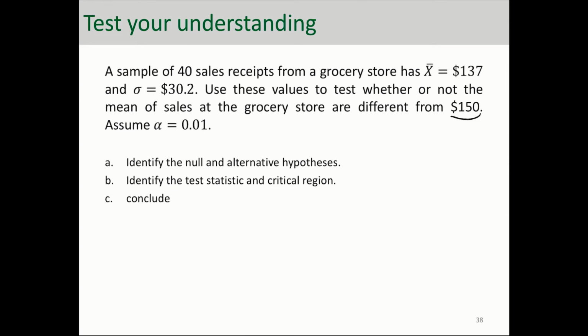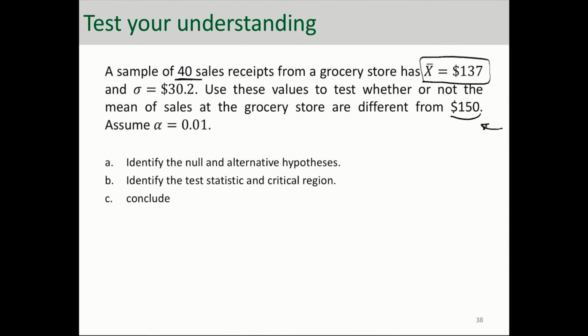To prove or disprove that, what we did is we collected a sample of 40 sales receipts, and it turned out the sample average is $137. Well, that is different from 150, but is it small enough to reject that hypothesis or no? It's not small enough to reject that hypothesis.